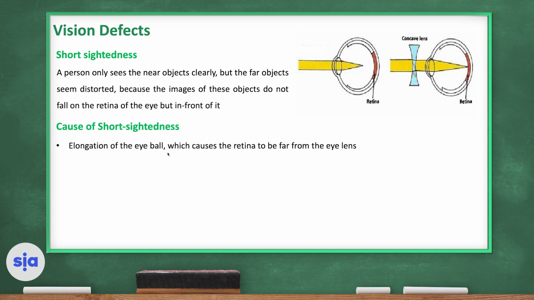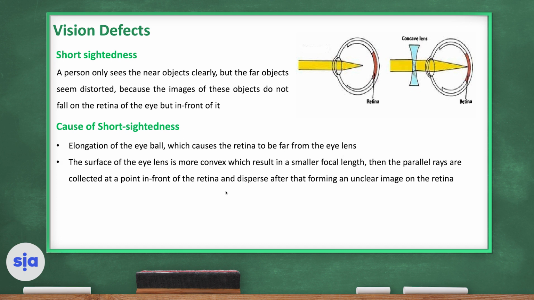The cause of short-sightedness may be elongation of the eyeball. The eyeball is elongated, which causes the retina to be far from the eye lens. Or the surface of the eye lens is more convex, which results in a small focal length, and the parallel rays will be collected in front of the retina, not on the retina, resulting in an unclear image.